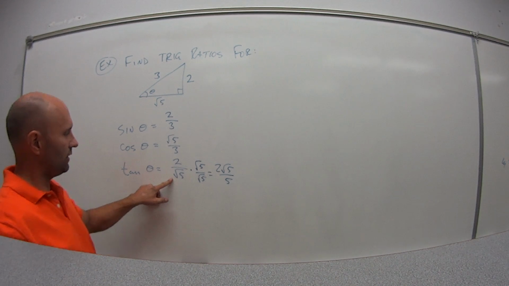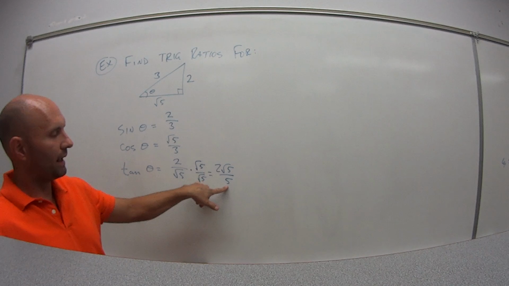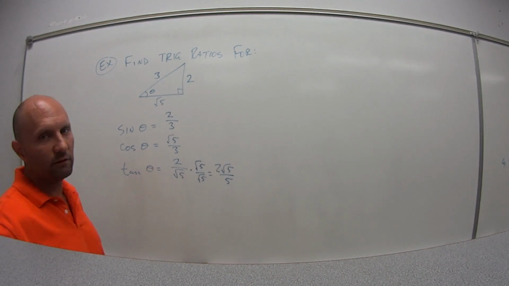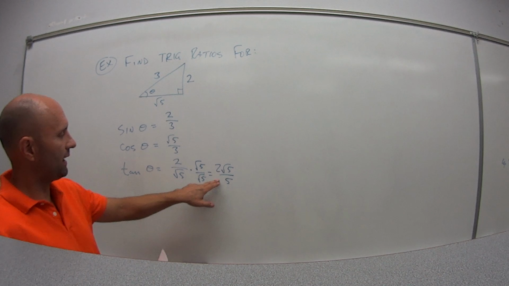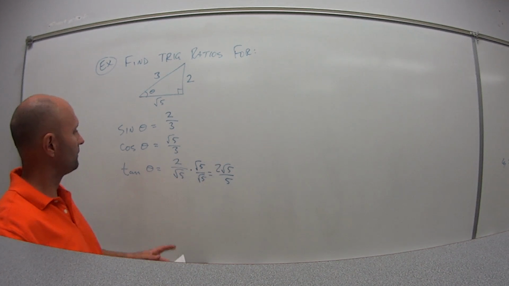So the shortcut is really to put the radical up in top and then get rid of the radical sign in the bottom. That's the shortcut to rationalize these simple fractions with a radical in the denominator. So tangent of theta would be 2 square root of 5 over 5.